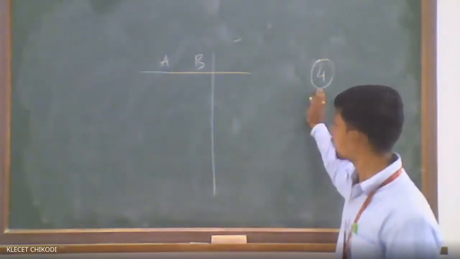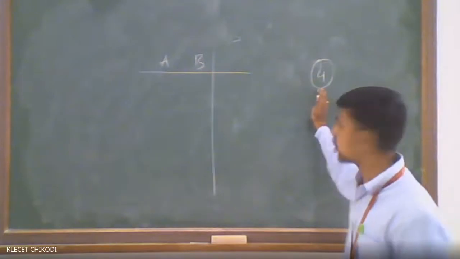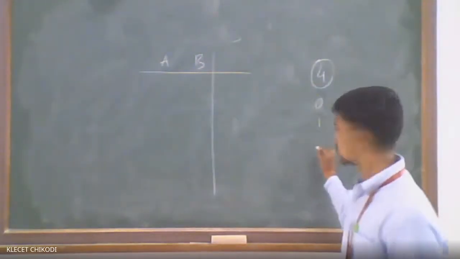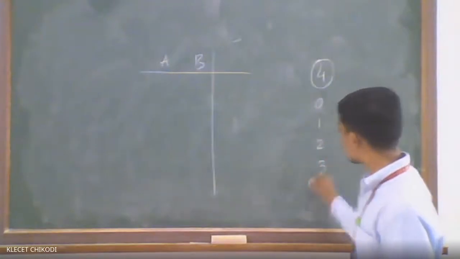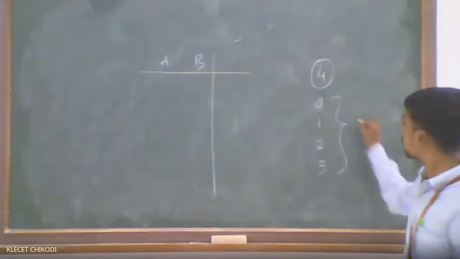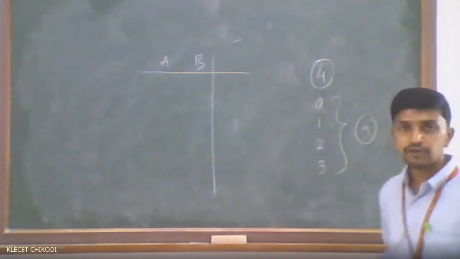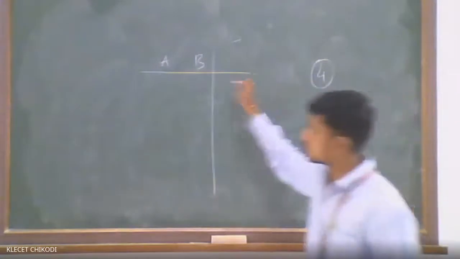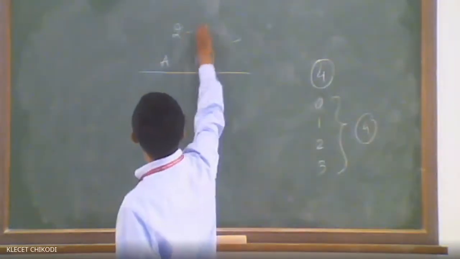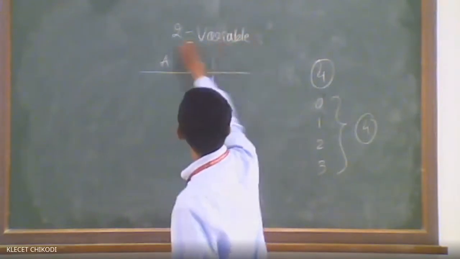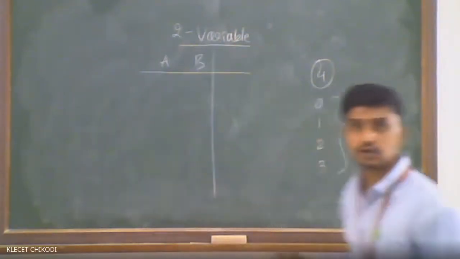We start with 0, next will be 1, then 2 and 3. So these form the 4 input combinations for 2 variables.